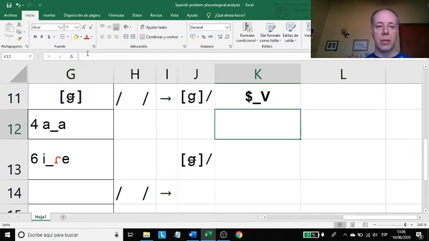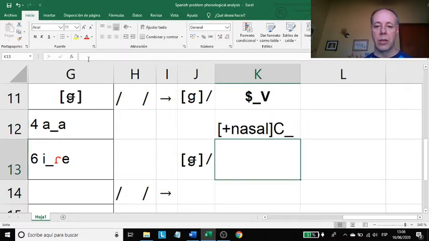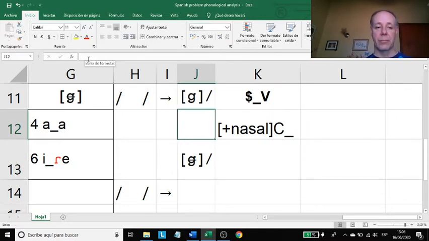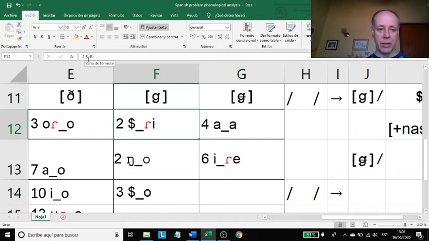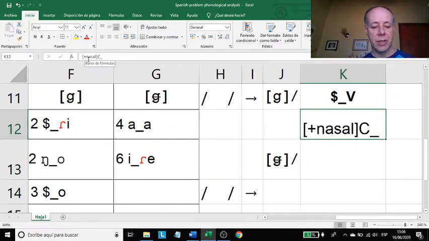So let me see. Plus nasal consonant, after a nasal consonant. Is it after a nasal consonant? Before a vowel. Yeah. After a nasal consonant, before a vowel.